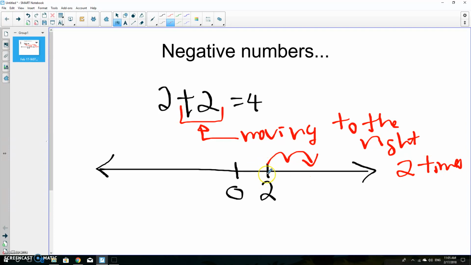Once you started with 2, that's where they tell you where you start. You're moving 2 times. Of course, you ended up with 4. So visually, that's what it means. You are adding. That means you're moving to the right.